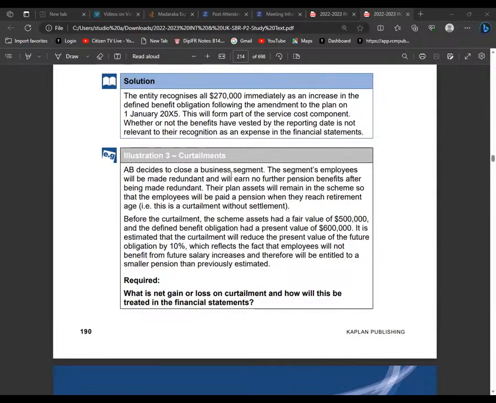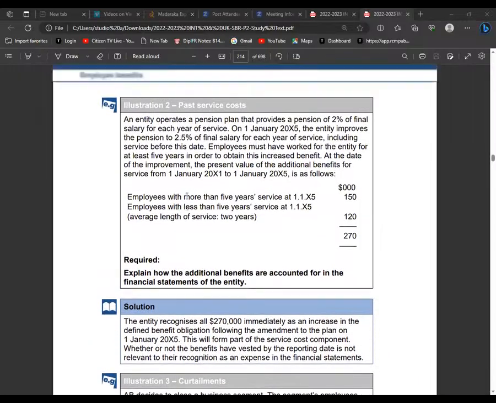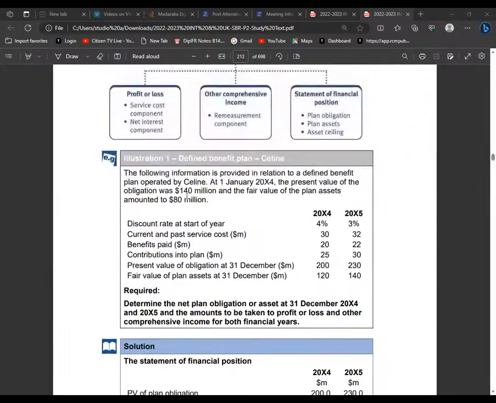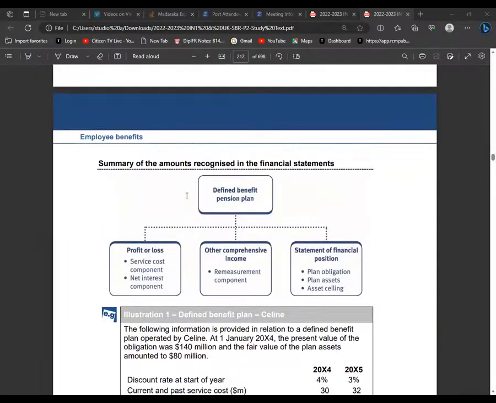And you're being told here, under curtailment, look at this illustration. Summary of the amounts recognized in the financial statements. For profit or loss, these are very important things. In profit or loss, you take the service cost component and the interest component.